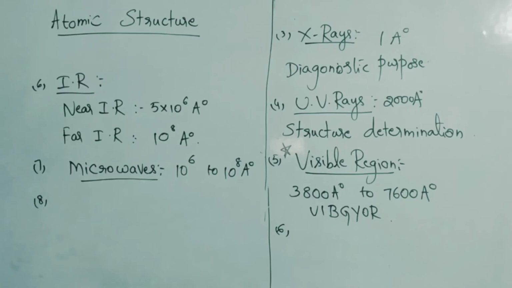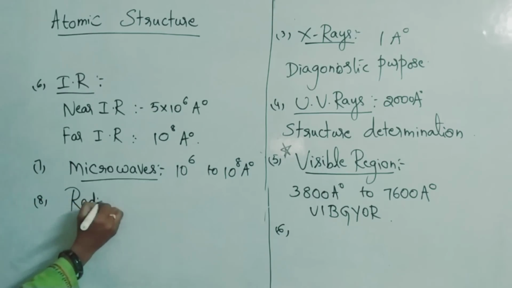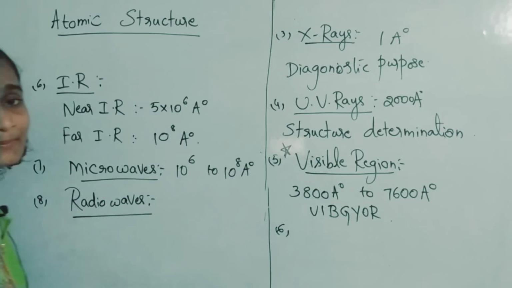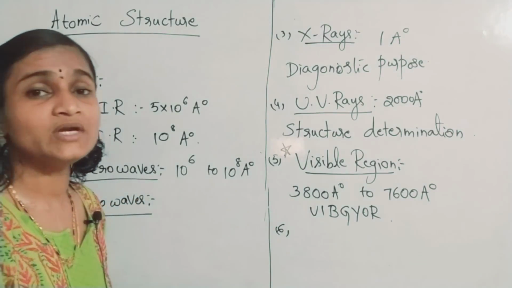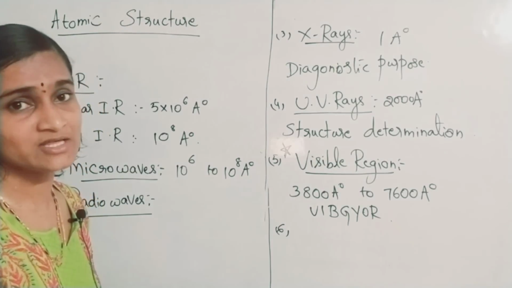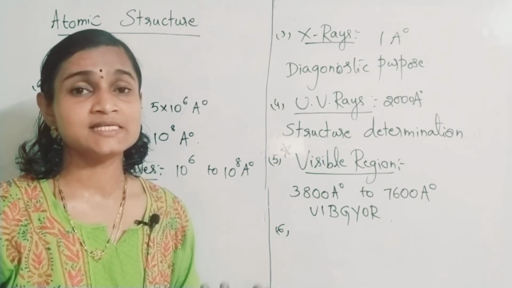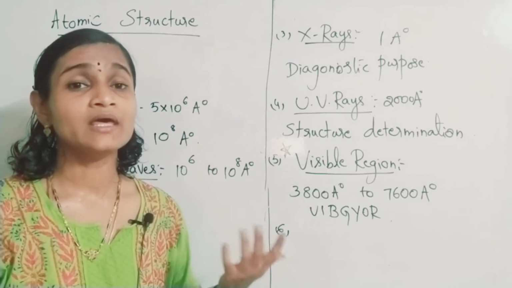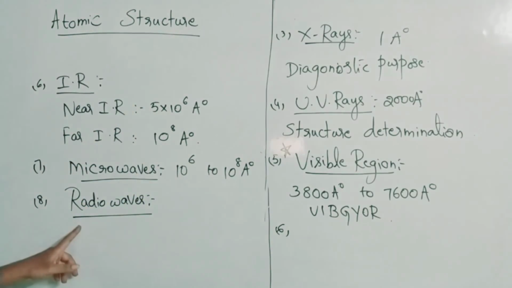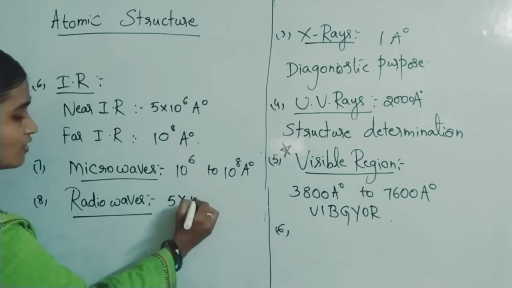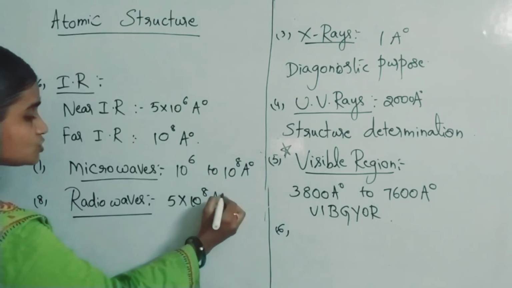Then we go for radio waves, the main waves used for radio broadcasting and radar applications, radio detection and ranging. TV and radio broadcasting are possible only with radio waves. They have a wavelength range of about 5 into 10 to the power of 8 angstroms.